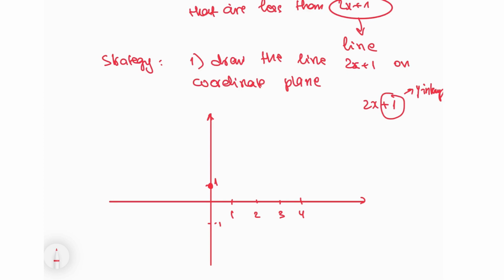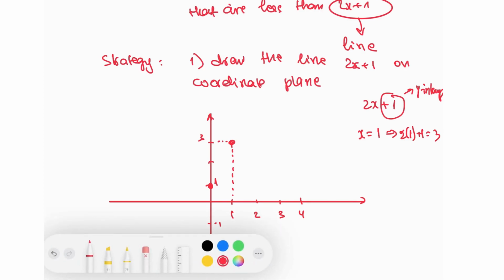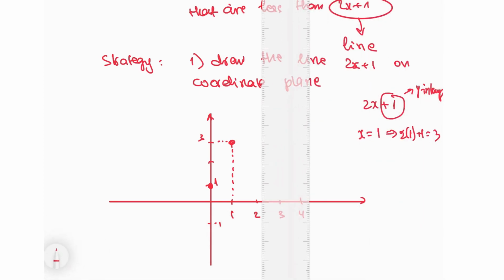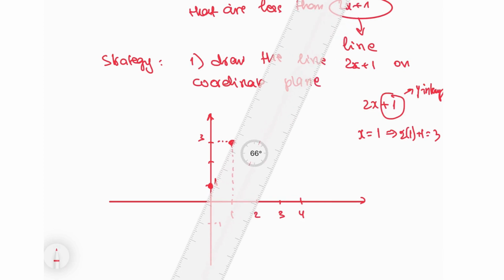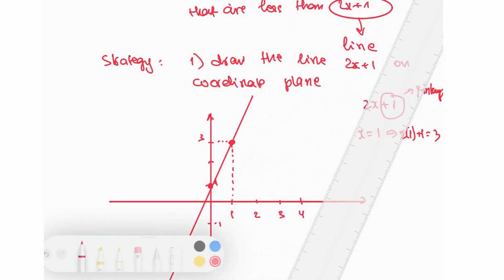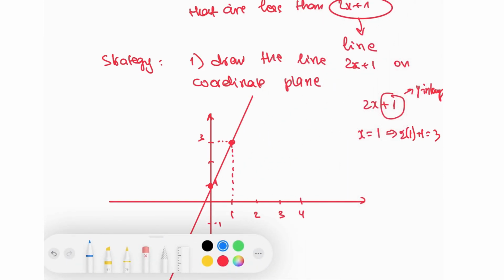And we can choose any other point. For example, if x equals 1, 2 times 1 plus 1 is 3, so 1 goes to 3. And then we can draw the line through these 2 points. And this is the line 2x plus 1.